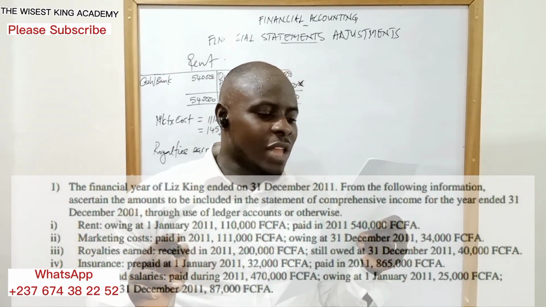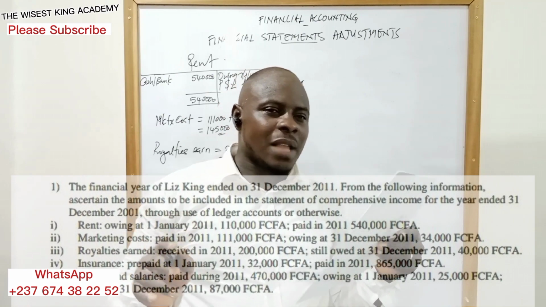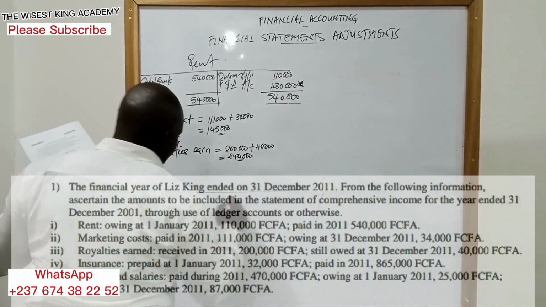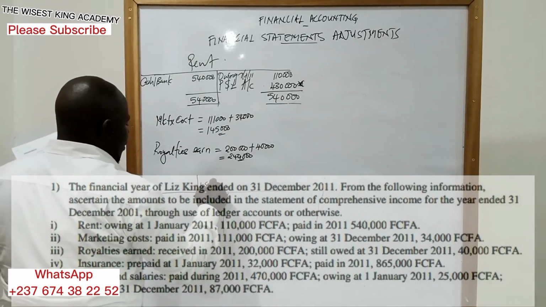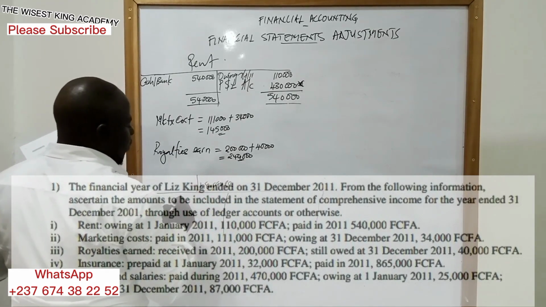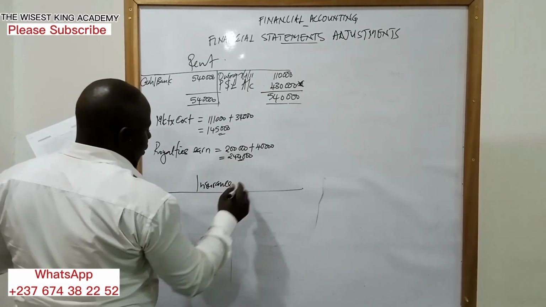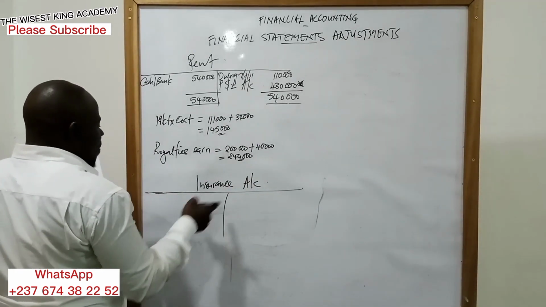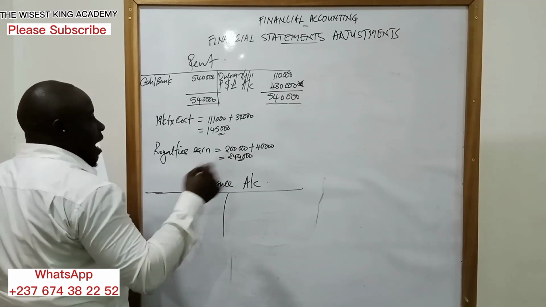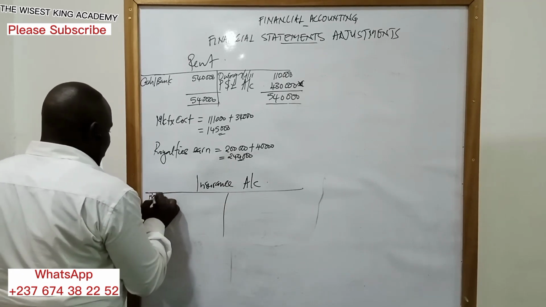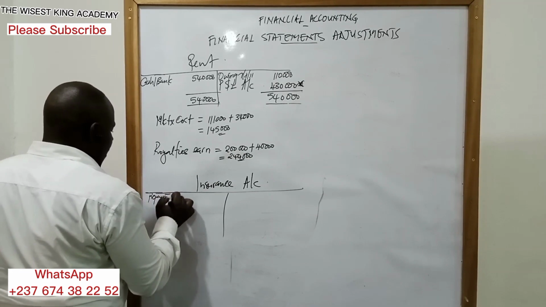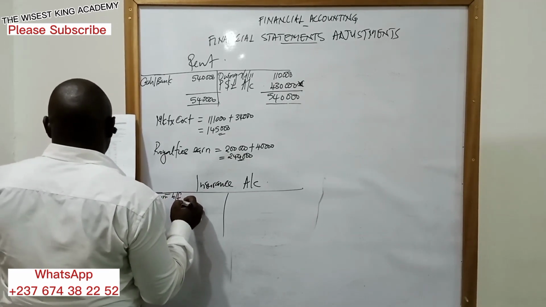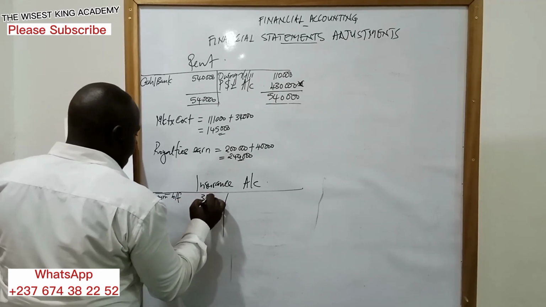Insurance prepaid as per January 2011, 32,000. Paid in 2011, 865,000. This one was actually at the beginning of the period. So this is the insurance account. Now, prepaid at the beginning. Remember, expenses prepaid are current assets, so they are debited. Prepayments brought forward, 2011, that was 32,000.